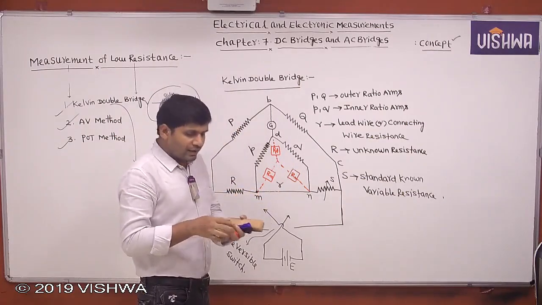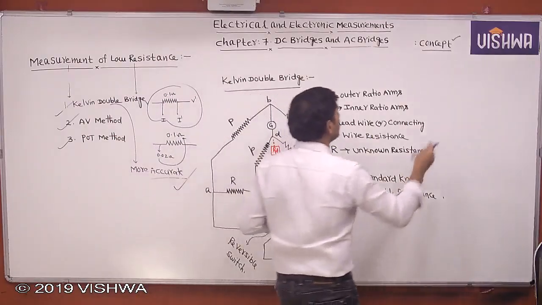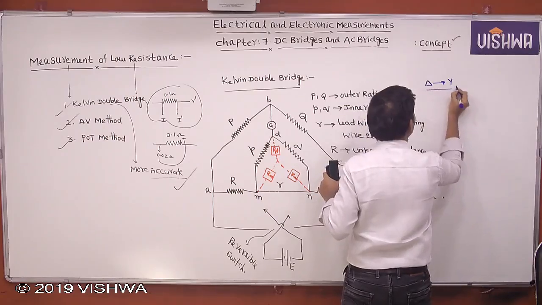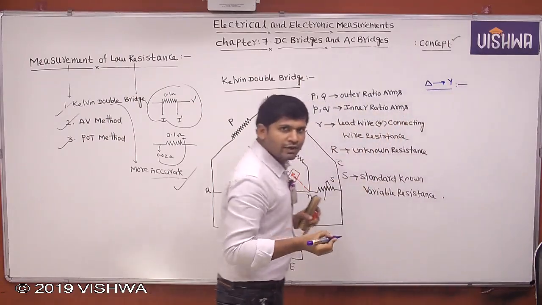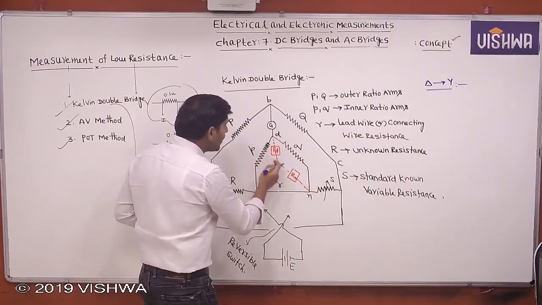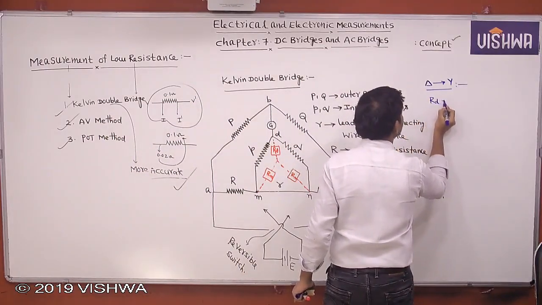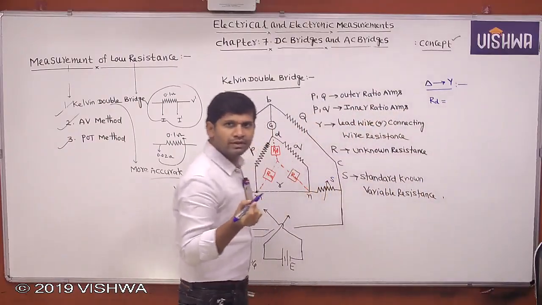Now we are converting delta to star. How to make the delta to star conversion? This you already know. For example, I want Rd. What is the value of Rd? You tell me.